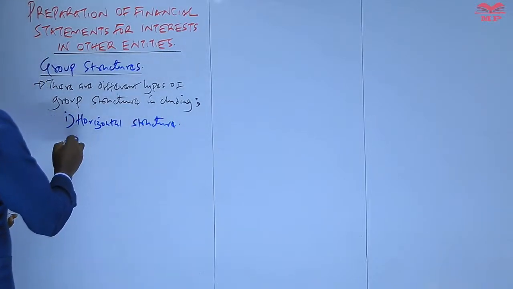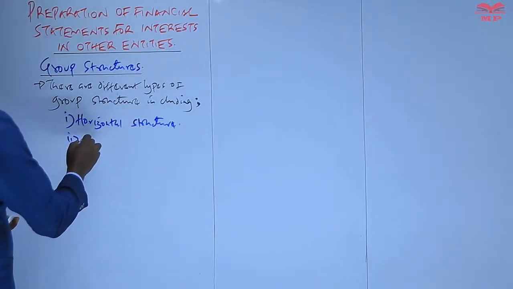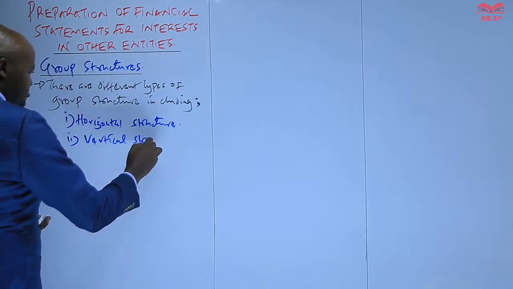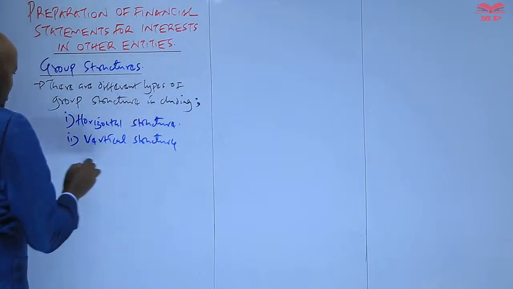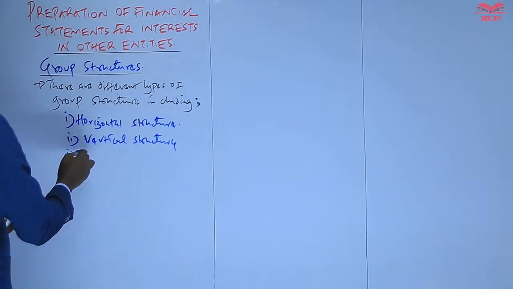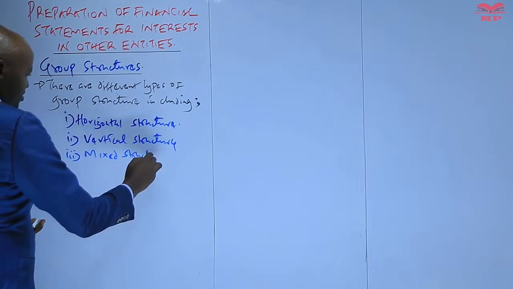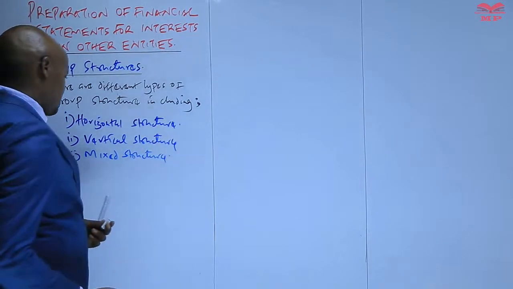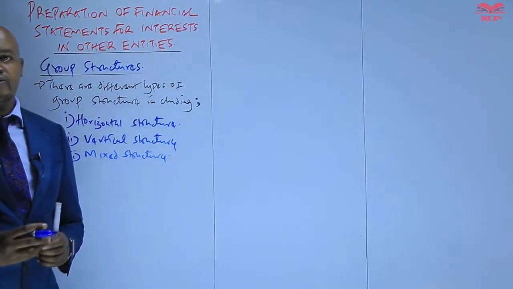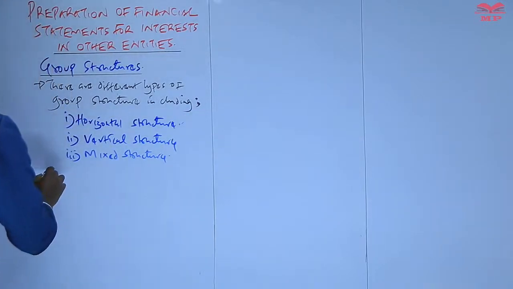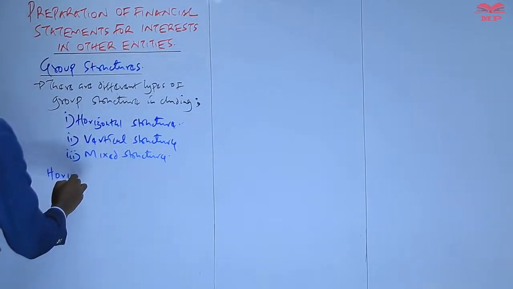Number two, the vertical structure. And also number three, we can talk of the mixed structure, or basically the mixed group structure. So these basically are the different types of group structure. Maybe you can start with the first one, that is the horizontal structure.